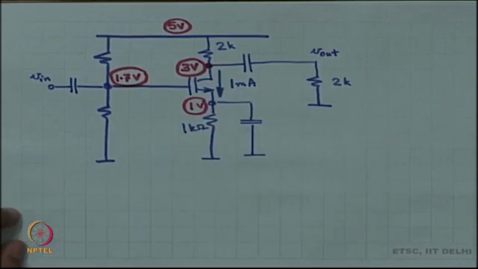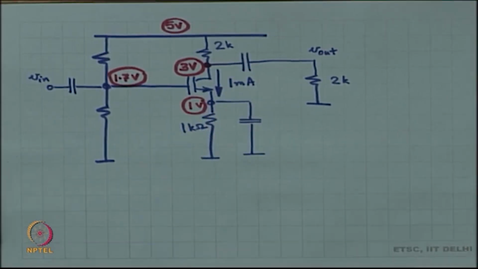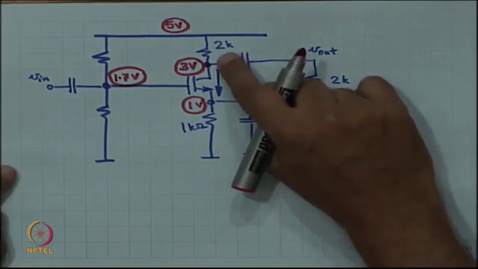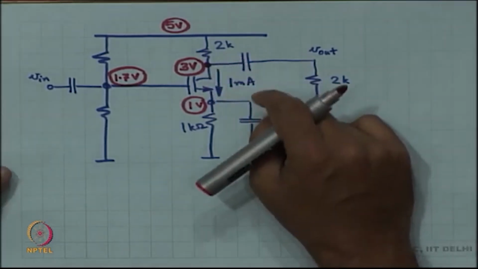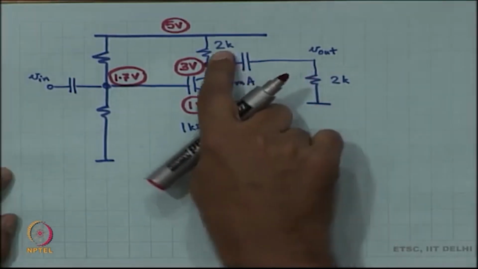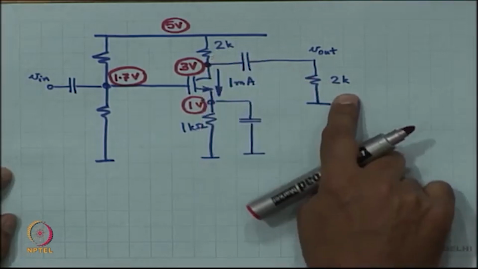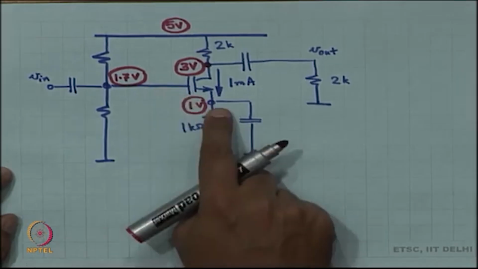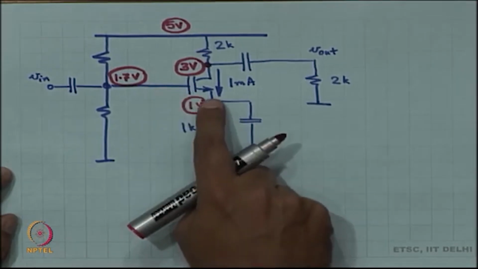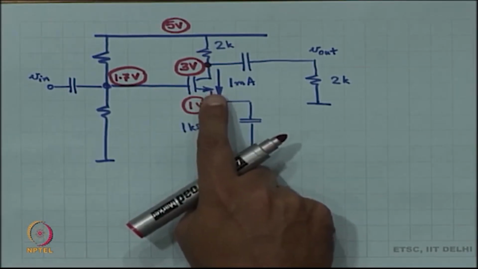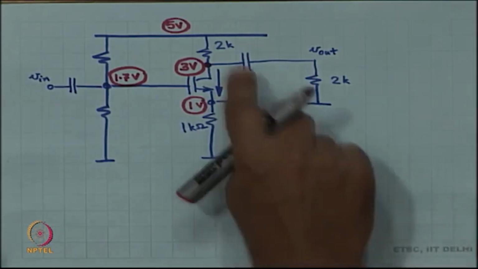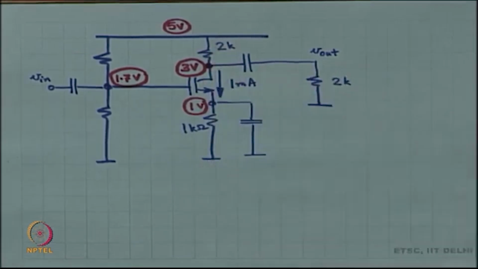Condition number 1, VDS has to be more than VGS minus VT. By the way, what is the gain of the amplifier? Look, it is the same as before, it is still minus 10 because I have got 2K in parallel with another 2K at the output. GM is still equal to 10 millisiemens, and the output impedance is 2K in parallel with 2K.